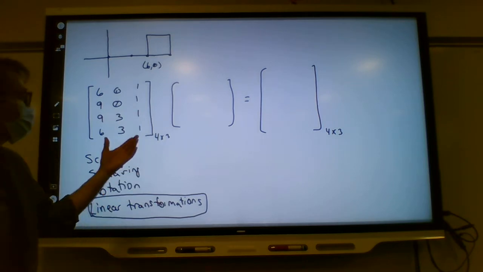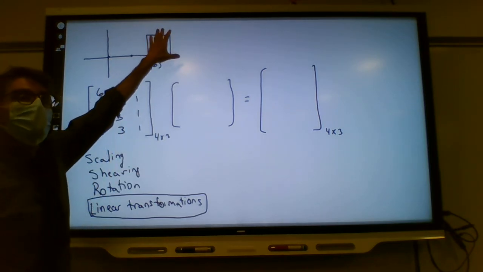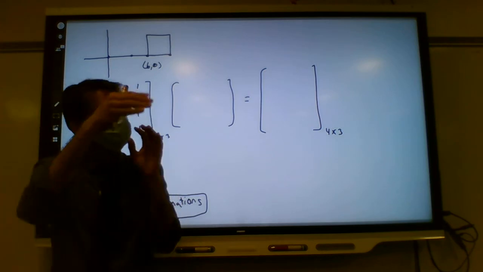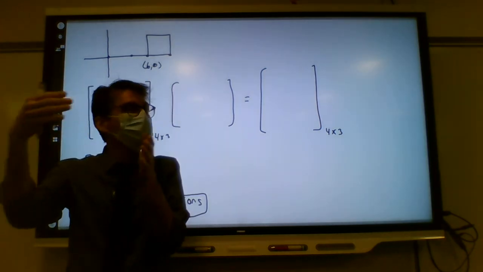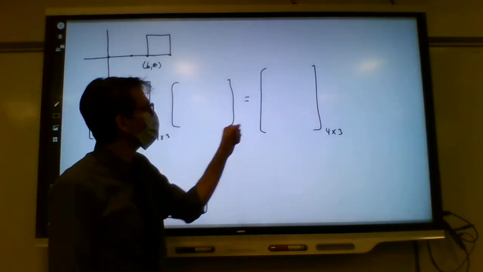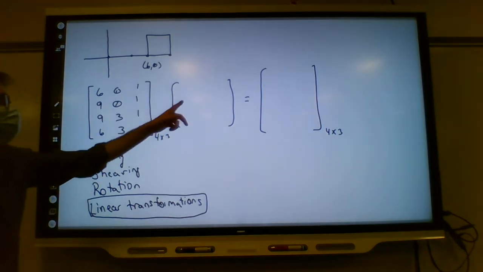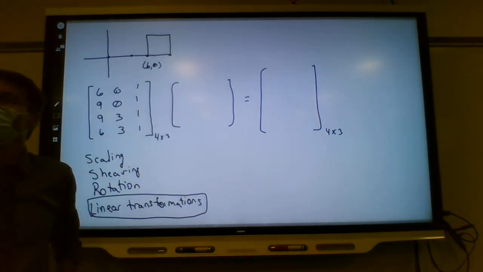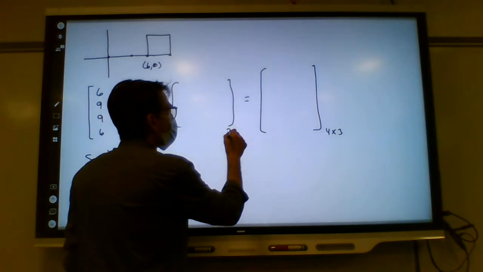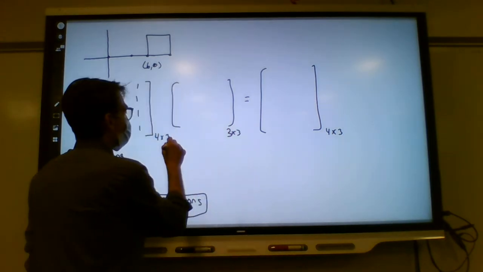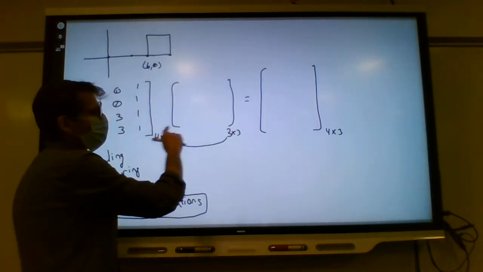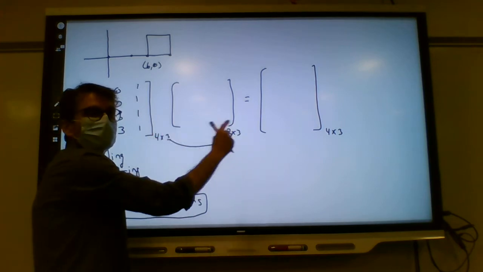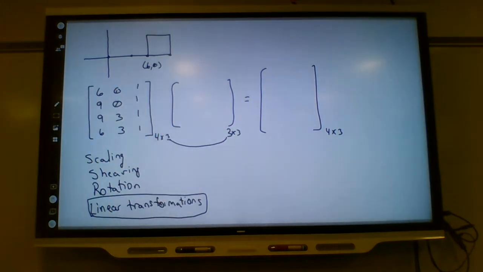All right, because what do we need? We need to describe the top of our object in three-dimensional space still. So it still needs to be a 4 by 3. So how big does this matrix need to be in order to do that? 3 by 3. This matrix needs to be 3 by 3. Remember, these threes have to match, and then the 4 by 3 in the answer comes from the outside portion.